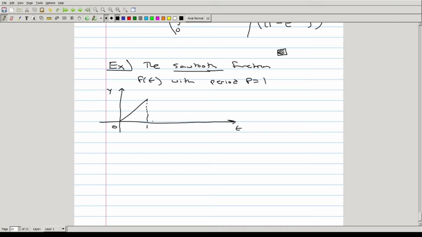We know that this looks like this. It has a repeating pattern all the way to infinity.